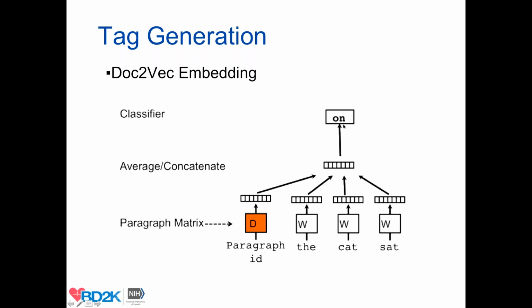The main concept here is to use the context to predict the word to maximize the probability of the next word.